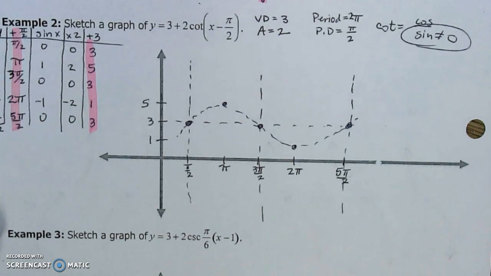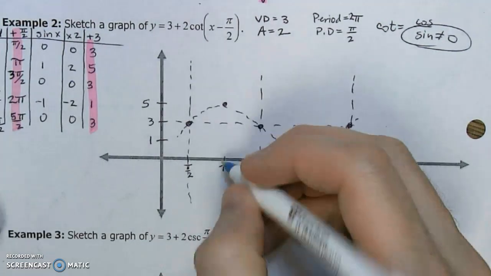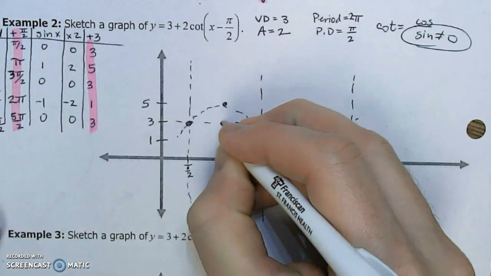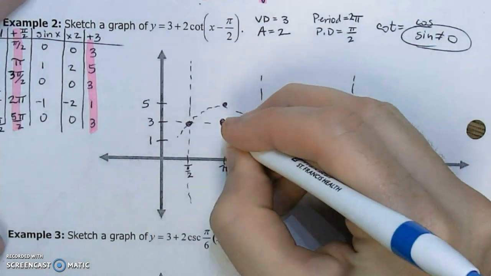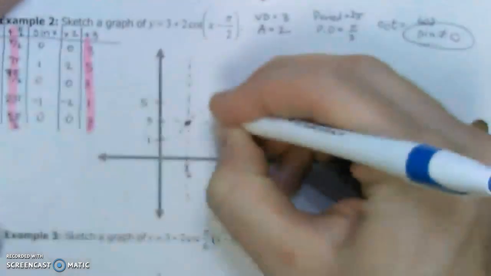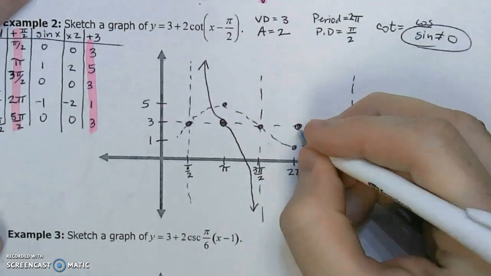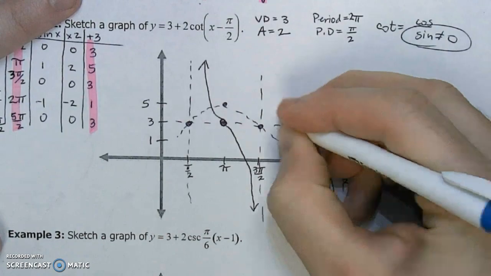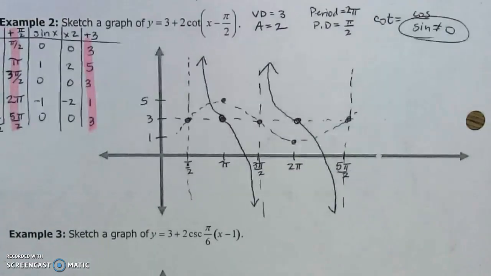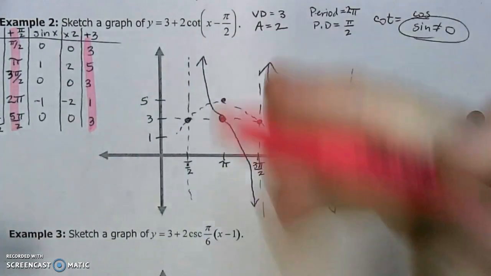And then cotangent crosses in the middle on the sinusoidal axis and curls down to the right. So that means at pi, it's on the sinusoidal axis, and it curls down to the right, up to the left. In the middle, on the sinusoidal axis, down to the right, up to the left. So that is my cotangent graph.